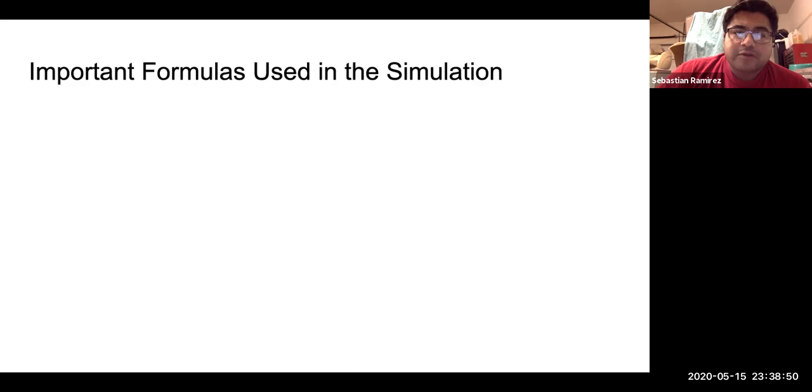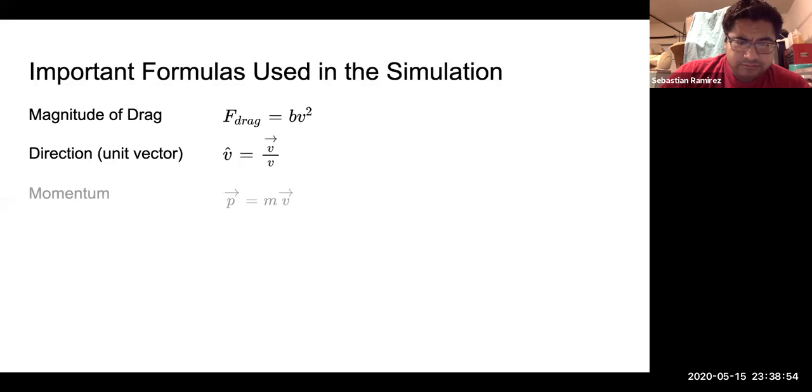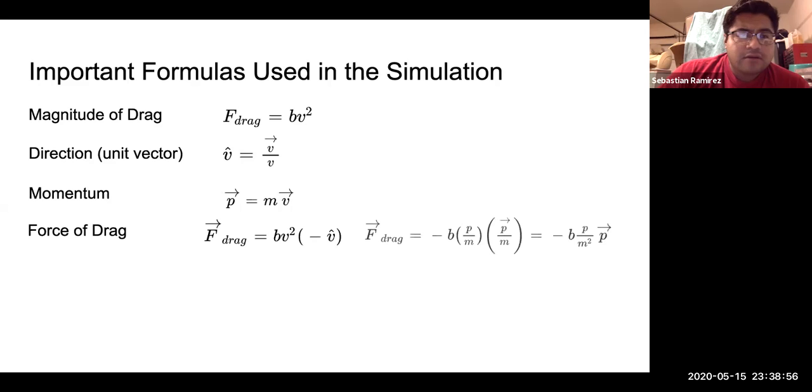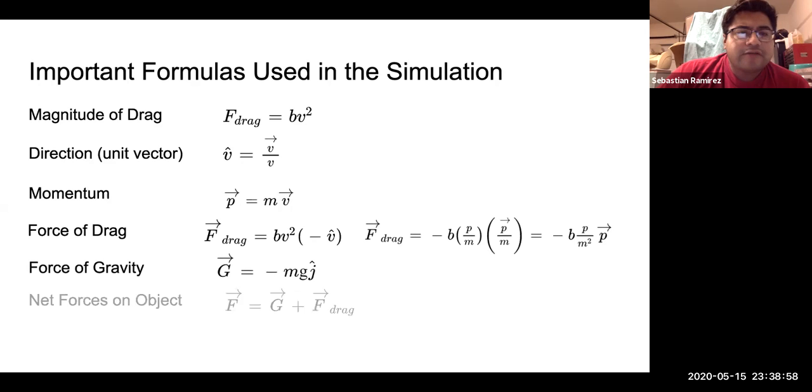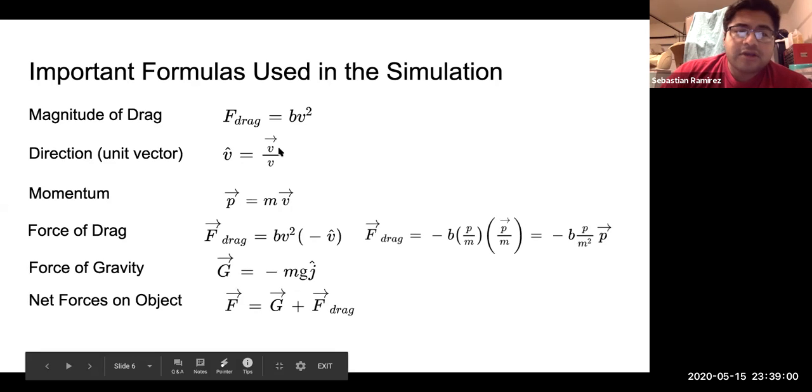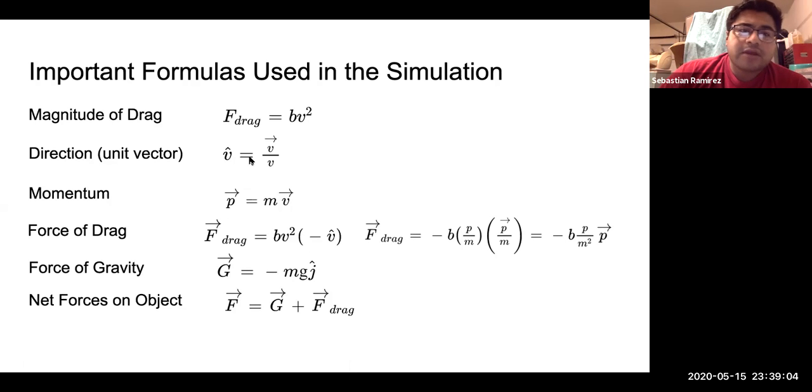Some of the important formulas used in the simulation are the following. The magnitude of drag equals the drag constant times velocity squared. A unit vector equals the vector divided by the magnitude. Momentum is mass times velocity.